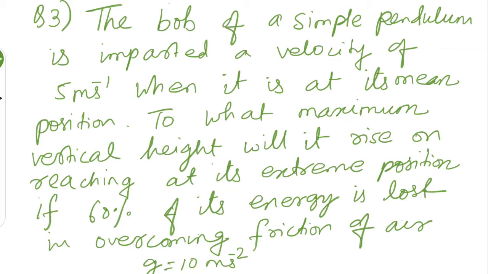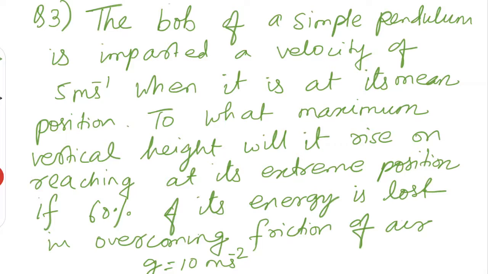Now let us come to the third question. This is the question for you. I am expecting you to solve it and write the answer in the comment section. The question reads, the bob of a simple pendulum is imparted a velocity of 5 meter per second when it is at its mean position.